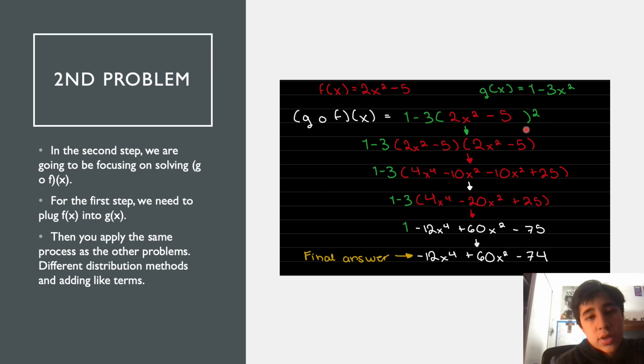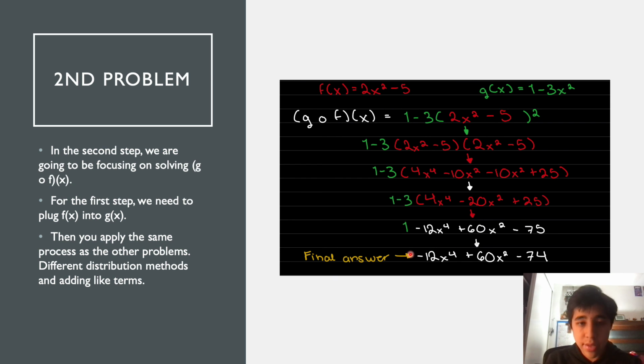And then in this one you need to distribute because of the power of 2, which will give us 4x to the power of 4 minus 10x squared minus 10x squared plus 25. Then we need to distribute the negative 3 into everything inside the parentheses, which will give us negative 12x to the 4th plus 60x squared minus 75.